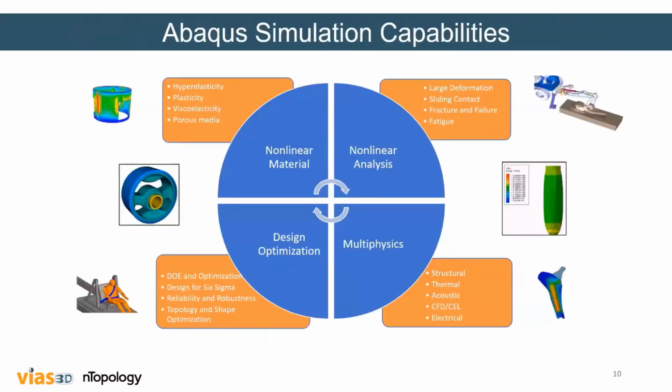Yeah. Now, there will be two parts in this webinar, which is the nTopology part that Blake talked about. Now, doing the finite element analysis, we have used Abaqus for simulation capability, especially in the nonlinear domain and all. So there are different aspects of a realistic simulation.